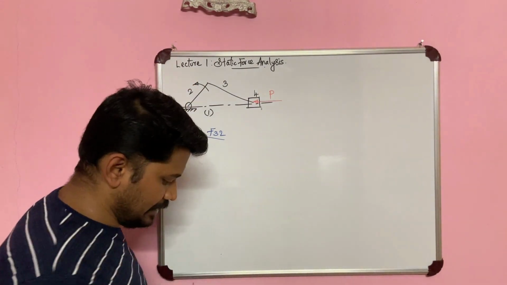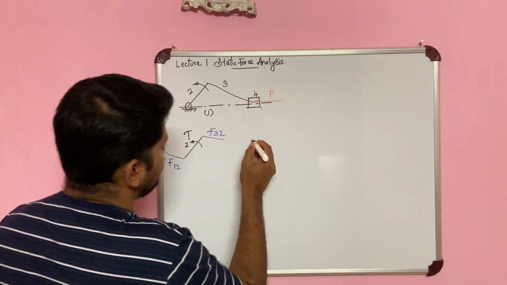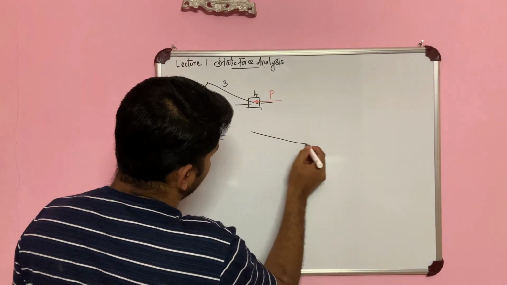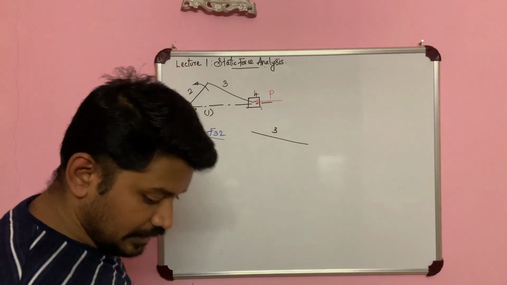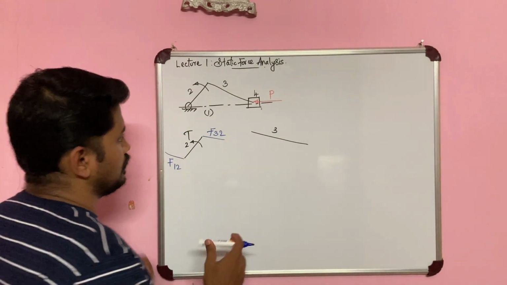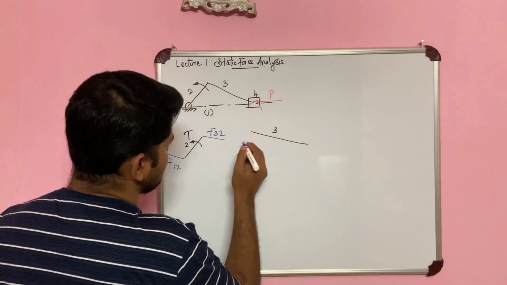Now let us see our third link. This is my connecting rod. On the connecting rod I have two forces. As I told you, it is a two force member in this case.